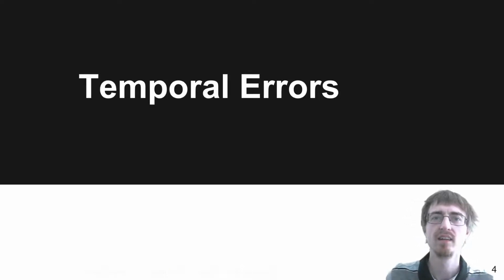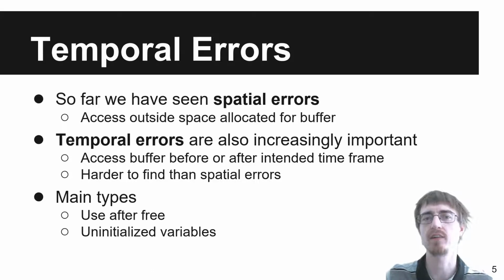Hi there. This lecture is about temporal errors, which are another kind of error, unlike the spatial errors we've seen before. A spatial error results in the possibility for an attacker to access data outside the allocated space for a buffer. So this means that we can, for example, have an offset from the existing buffer.